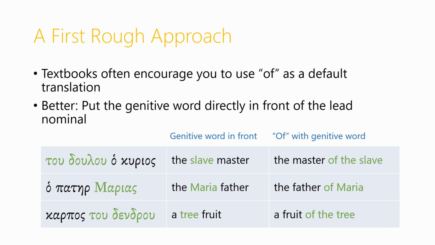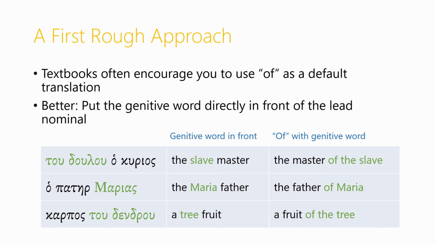Now, this doesn't make as good English right away, but what it does is actually help us to recognize that we have to make a further interpretation of the genitive relationship before we can make a proper translation into English. I actually see this as an advantage of this approach.